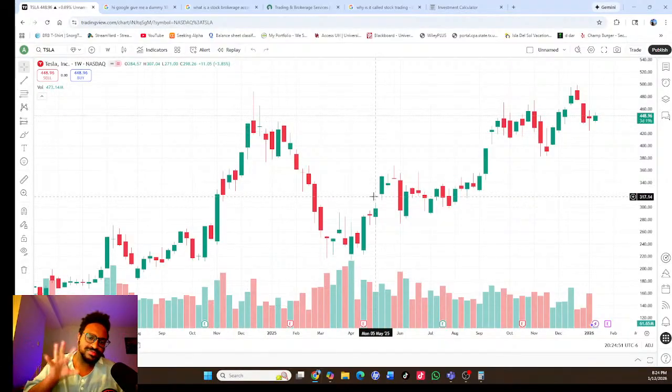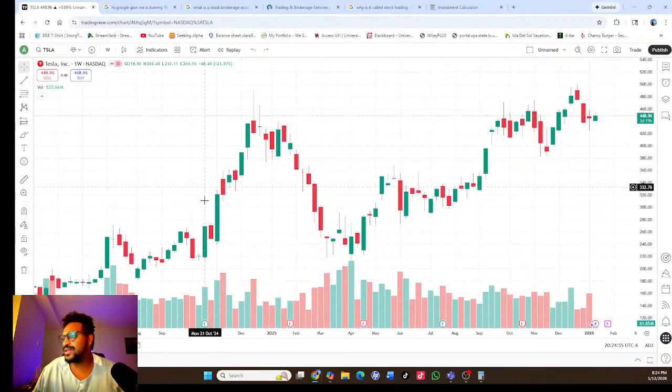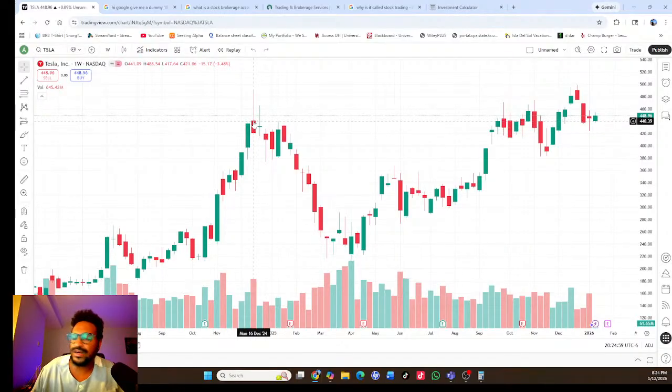This is trading. Traders look at this stuff because they're trying to find a place where, if I buy this stock right here, I'll sell it here and make quick bucks. It's kind of like buying a soda from Costco for $1 and going around the corner and selling it for $1.25. That's really what stock trading is.